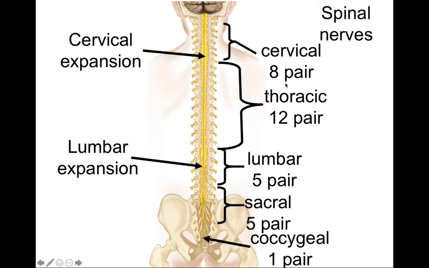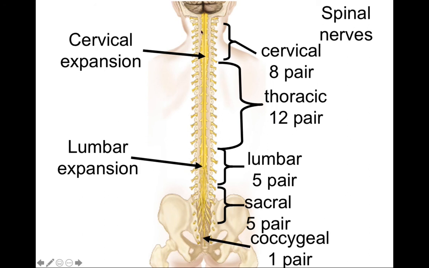The number of pairs of thoracic, lumbar, and sacral spinal nerves will be exactly the same as the amount of vertebrae that we had of each of those types. We had 7 cervical vertebrae, so we're just going to have 1 more pair of cervical spinal nerves than we had of cervical vertebrae. Now, another growth structure that we can see on the spinal cord are what are known as expansions. We can also call these enlargements as well, and they'll be indicated as such on a future slide.